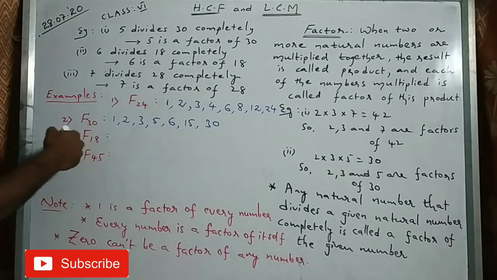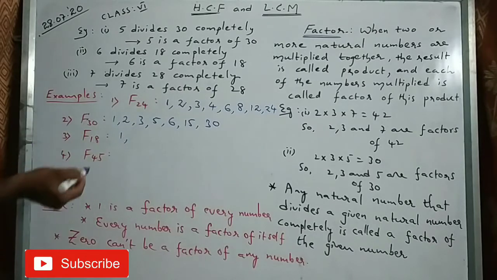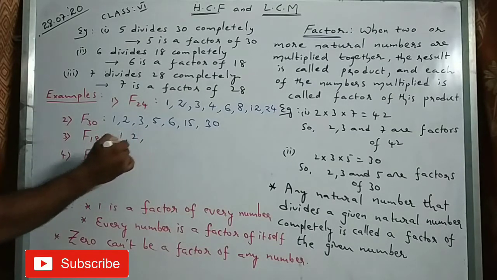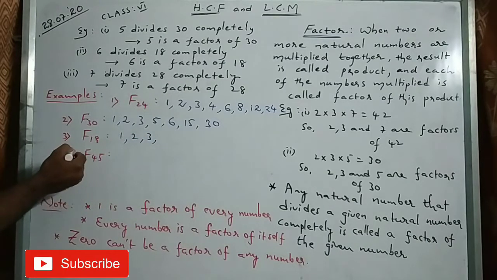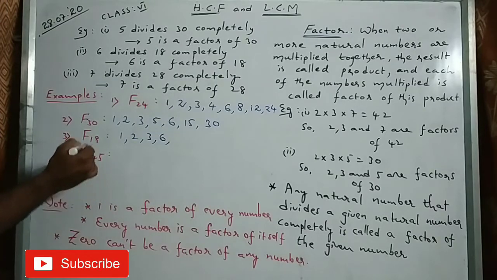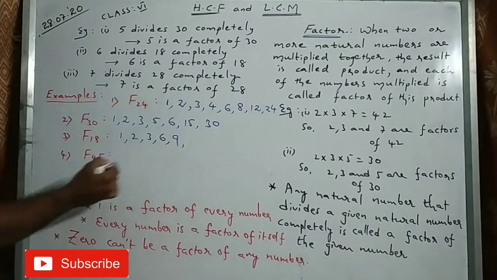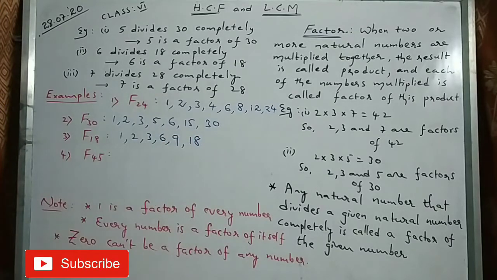Observe 18. Factors of 18. One table will go, 1 18s are 18. 2 9s are 18. 3 6s are 18. 4 no. 5 no. 6 3s are 18. 7, 8 no. 9 2s are 18. Last, 18 ones are 18. So these are the factors of 18.